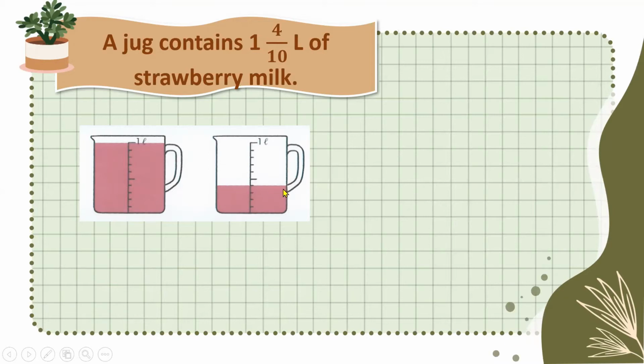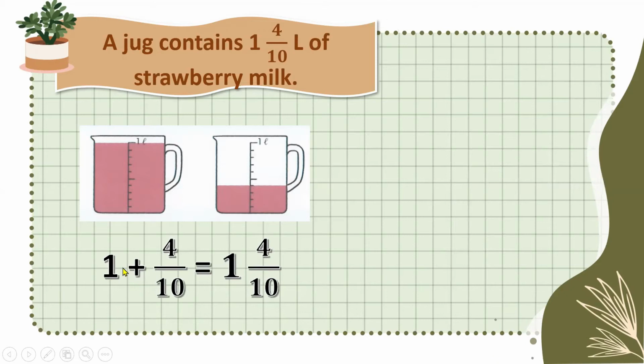The strawberry milk covers until 4 lines only. 1, 2, 3, 4. Therefore, this is just 4/10 of 1 whole liter. So that means 1 plus 4/10 will be equal to 1 4/10.